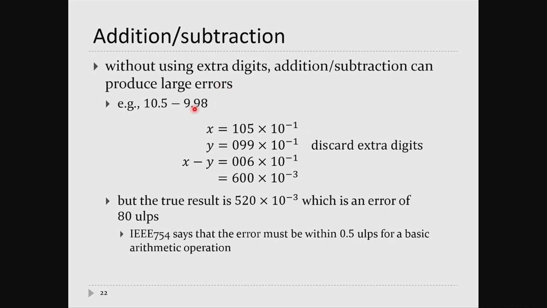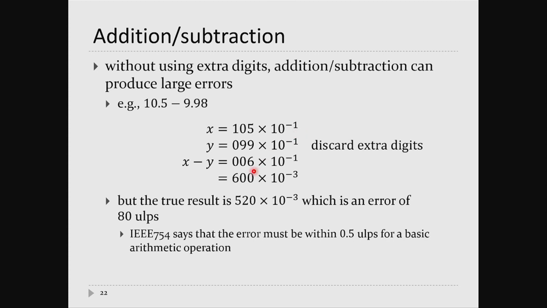So when I convert 9.98 to have the same exponent as the first number, I want to write 99.8 times 10 to the minus 1. But I have to now discard that 0.8. So out goes the 0.8. Subtract.